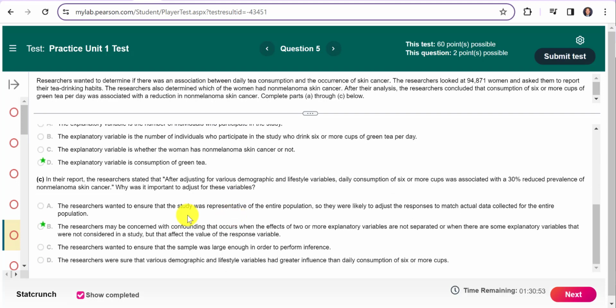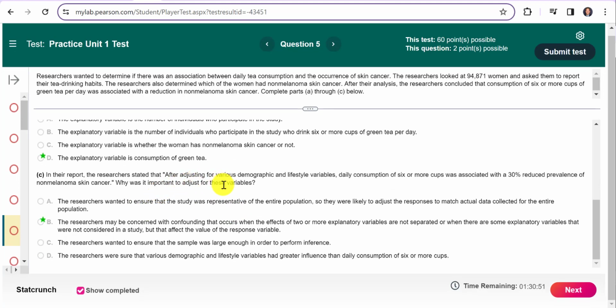And then in the report, after adjusting for various demographic and lifestyle variables, daily consumption was associated with a 30% reduction in prevalence of melanoma skin cancer. Why is it important to adjust these variables? So what they're trying to do there is control, right?